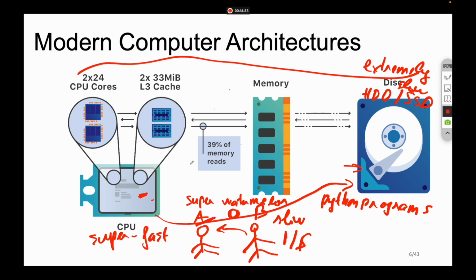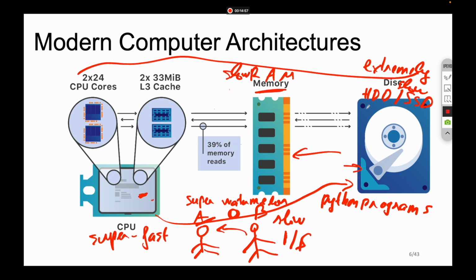So to handle this situation, the engineers put in the memory here. We call it RAM. We compute first and store in RAM. But RAM is still very slow compared to the CPU.